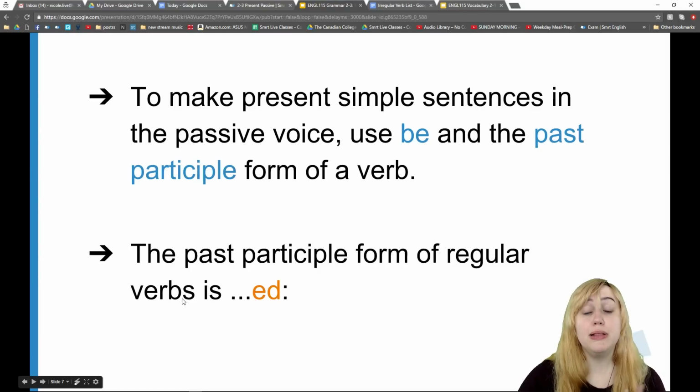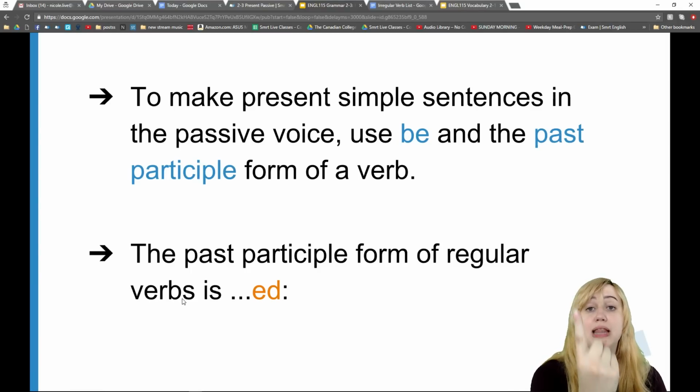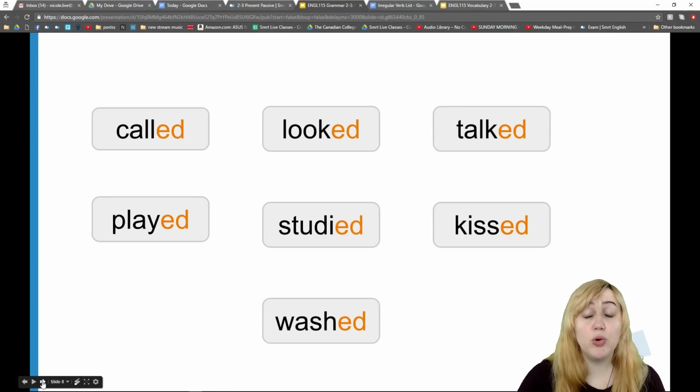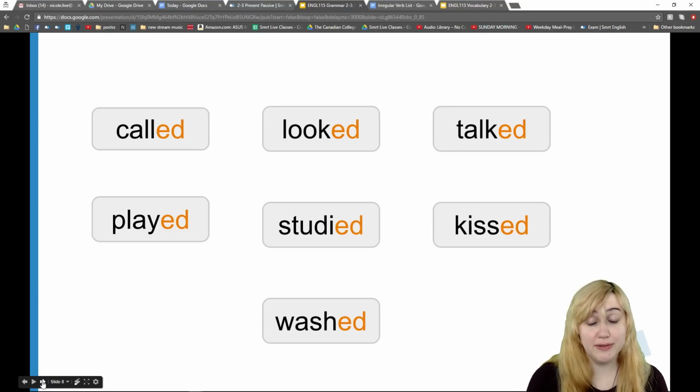For example, play, we have play, played, played, ed. Here are some more regular verbs. We have called, looked, talked, played, studied, kissed, washed. These are normal number 3 verbs, regular verbs.